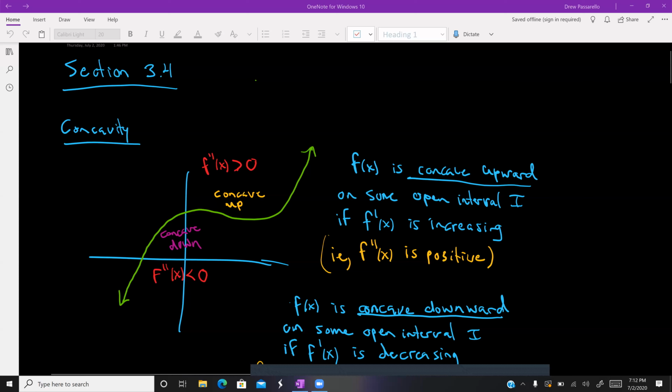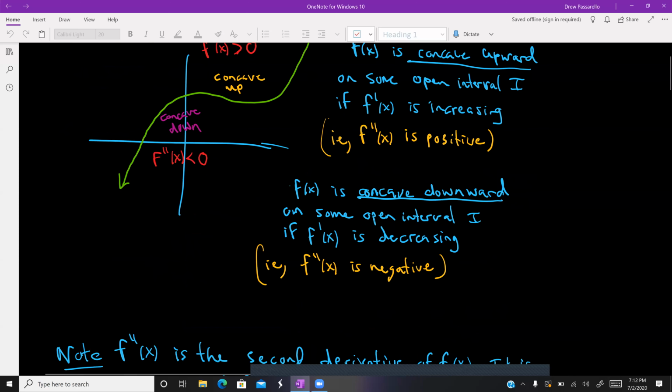Now we're dealing with the derivative of the first derivative. That's what the second derivative is. So if we consider the derivative f prime of x as our function, we look for where that part is increasing. That happens when its second derivative, f double prime of x, is positive, because that second derivative is the derivative of the first derivative.